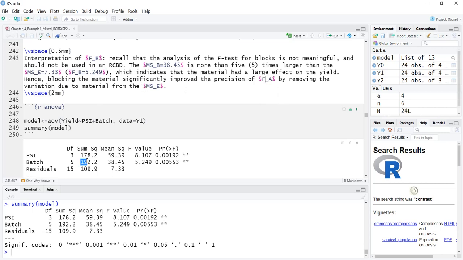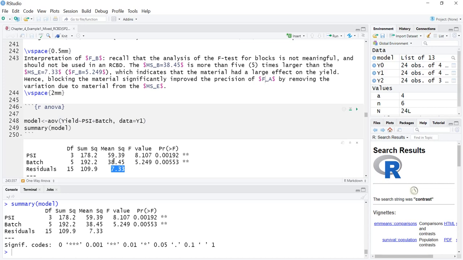Otherwise, your MSE would be this plus this, and you would have a falsely high F value that was not as meaningful, okay? So this is good to do when you see that your MS for blocks is significant with respect to your residual mean square error.